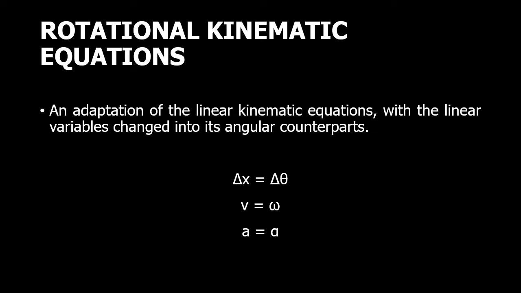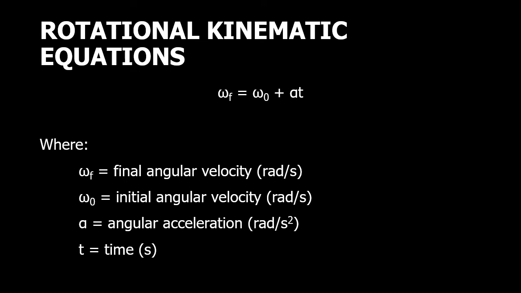For example, delta x, linear displacement, papalitan natin siya ng delta theta, angular displacement. Yung v naman, linear velocity, papalitan natin siya ng omega, angular velocity. Then we have a in linear kinematics, which stands for acceleration. Papalitan natin siya ng alpha, which stands for angular acceleration.